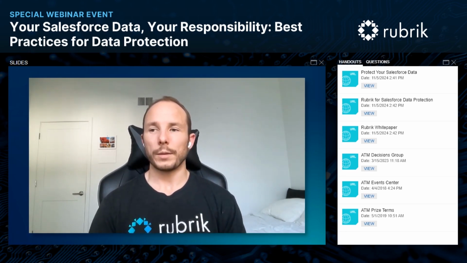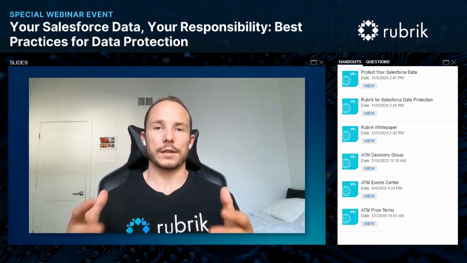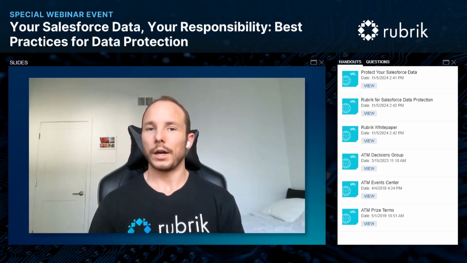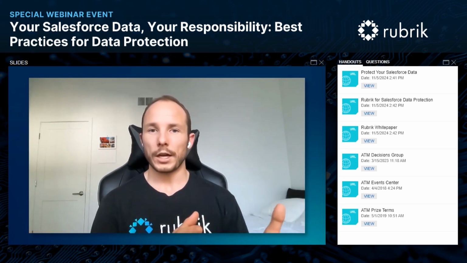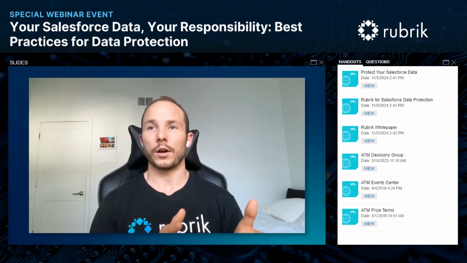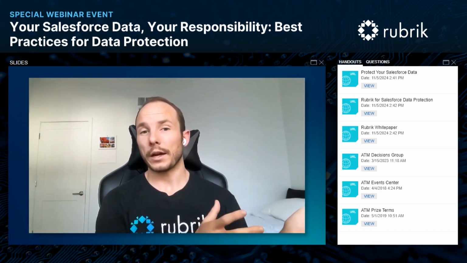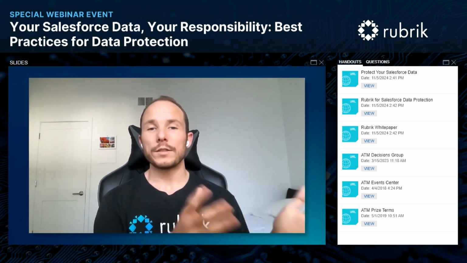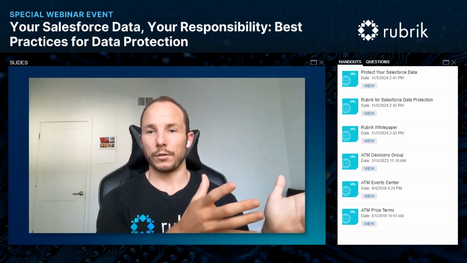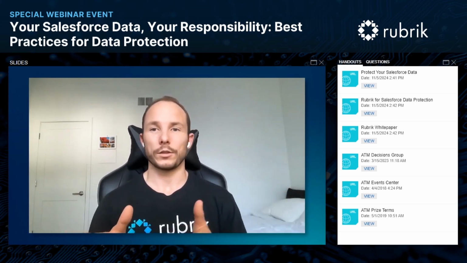Metadata is also an important piece. When we think about restoring data, data has to have a home somewhere. Especially as I restore records that are potentially farther back in the past, the metadata on those records might be different than what you have today in your environment.